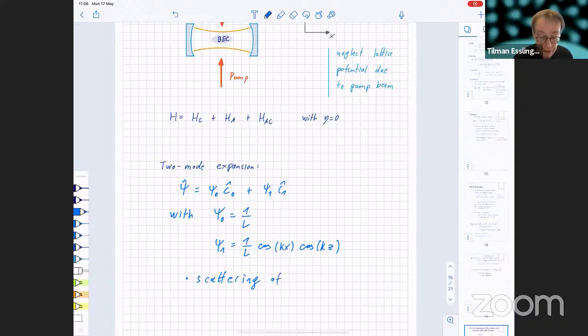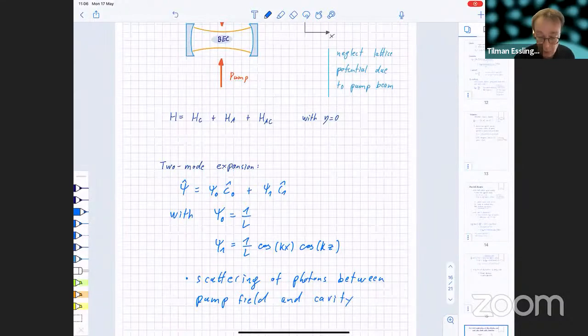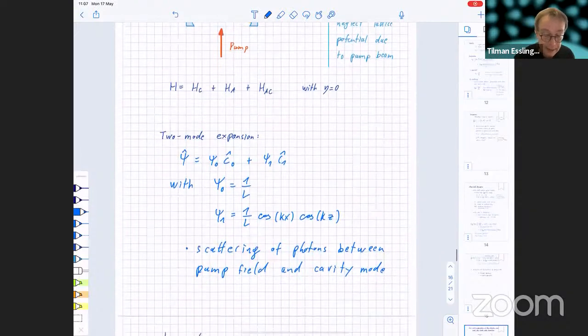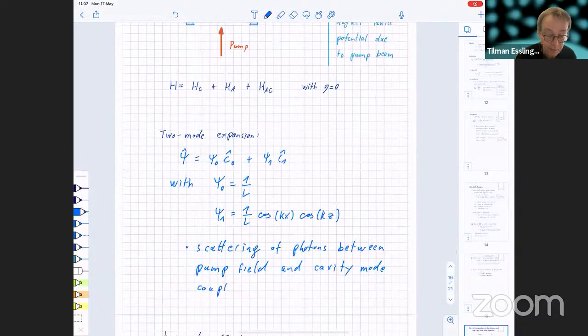Scattering of photons between pump field and cavity mode couples psi 0 and psi 1.